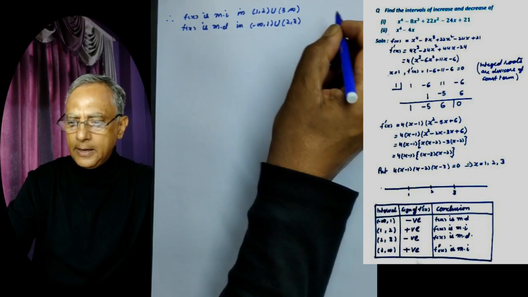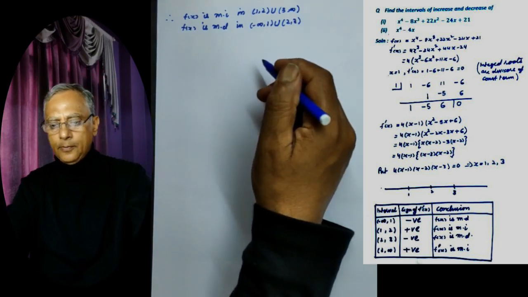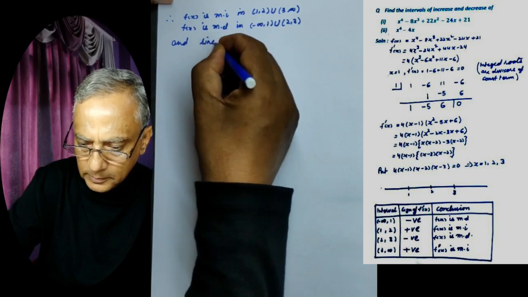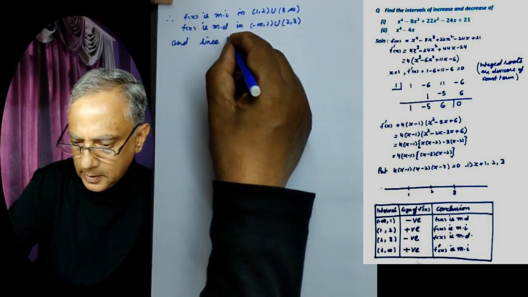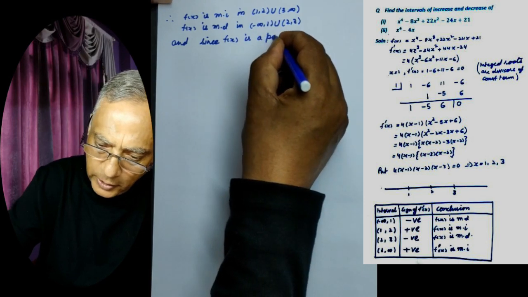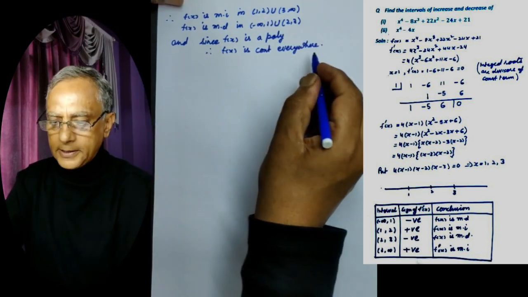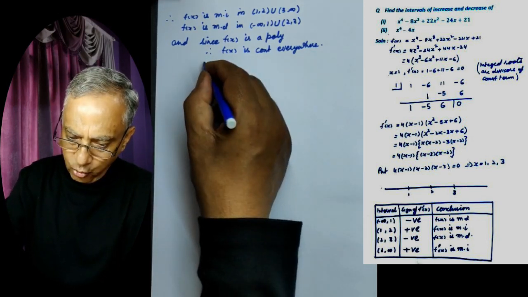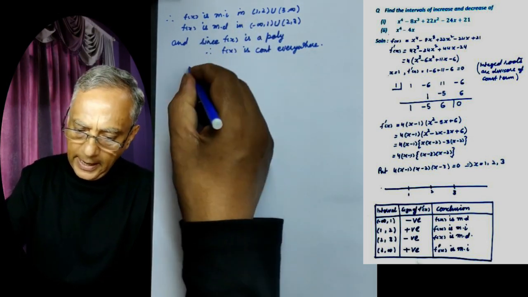You can see the side sheet. And since fx is a polynomial, fx is continuous everywhere, and therefore we can include the endpoints.